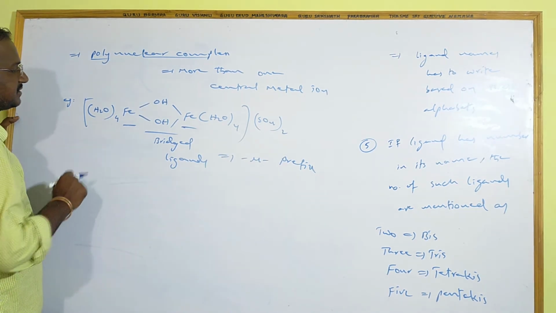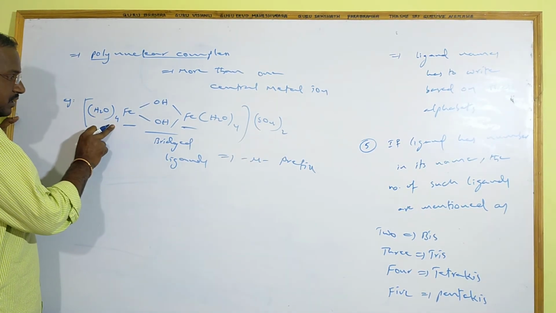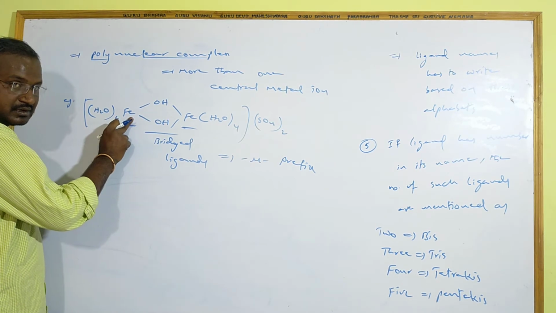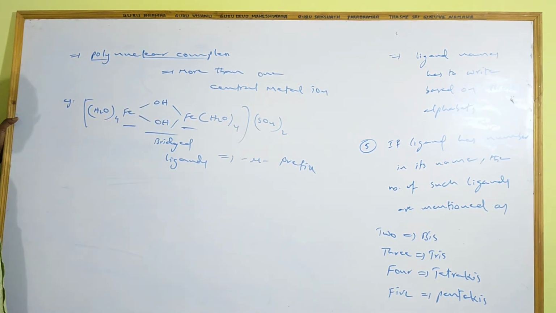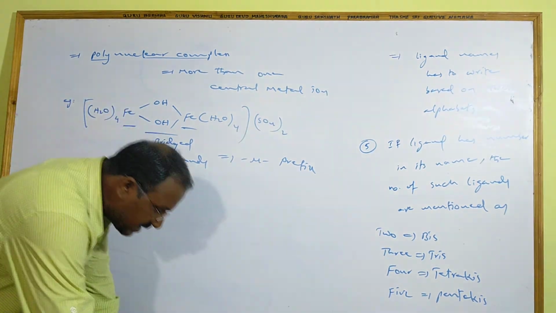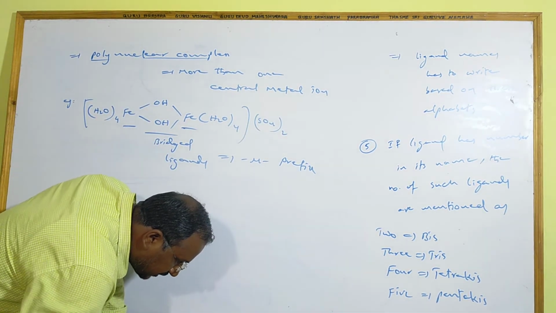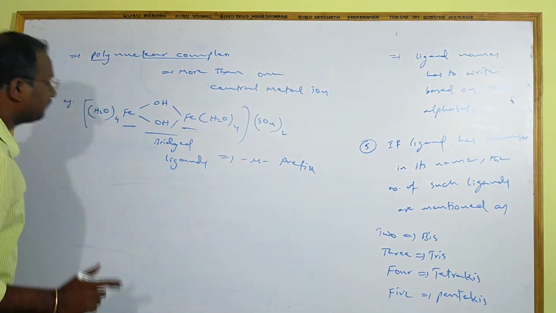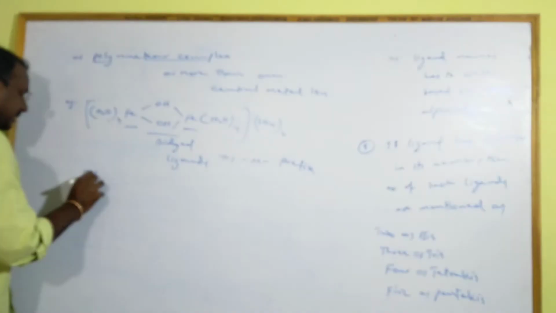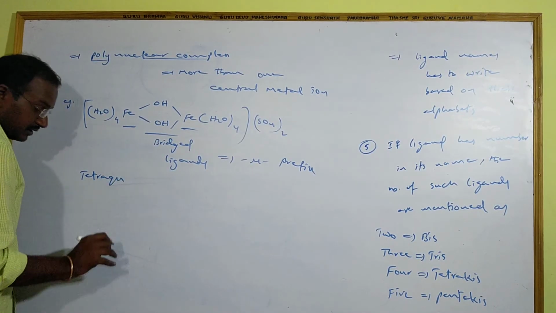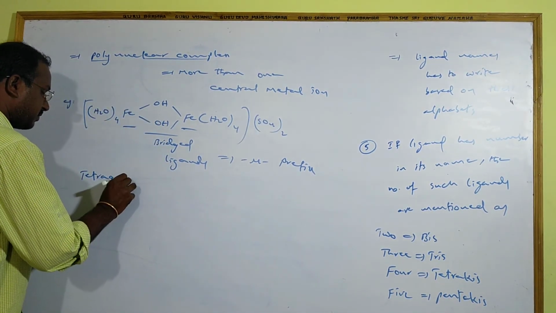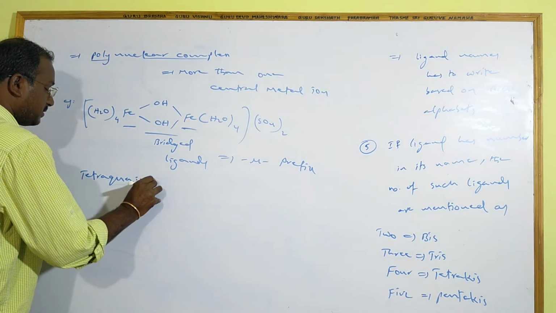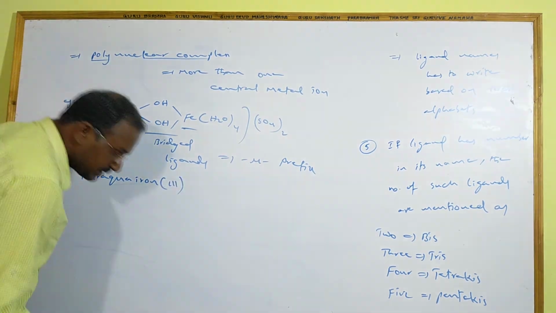So the name is tetraaqua iron mu dihydroxo, because both are the same. Tetraaqua iron, its oxidation state is 3 as mentioned.